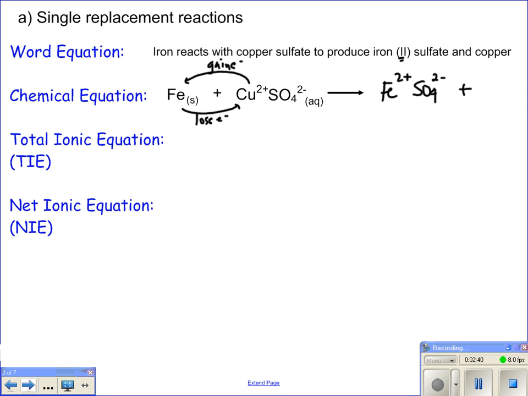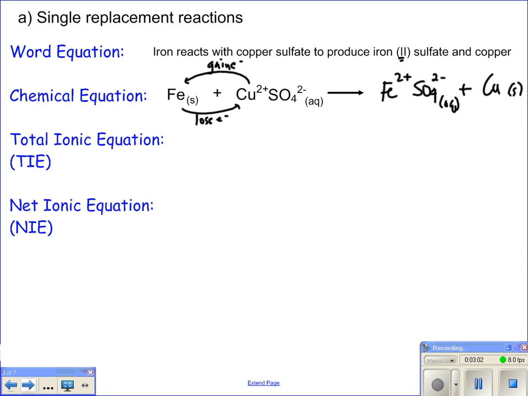Copper comes back out as solid, neutral copper, because it gains those electrons to become neutral. And the iron sulfate remains aqueous in solution, just like the silver and copper nitrate examples we saw in class.